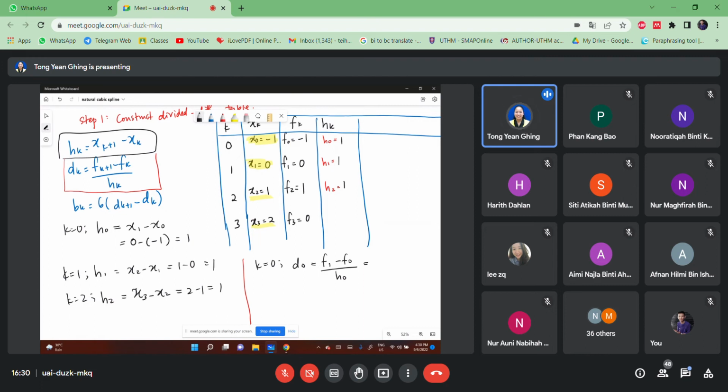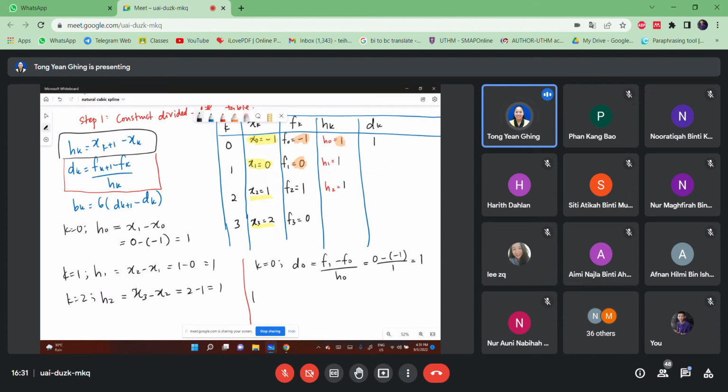F1 is the value of this one, 0. So 0 minus -1, and then divide that by H0. So 0 minus -1 divided by 1 gets 1. So this is D0, 1.